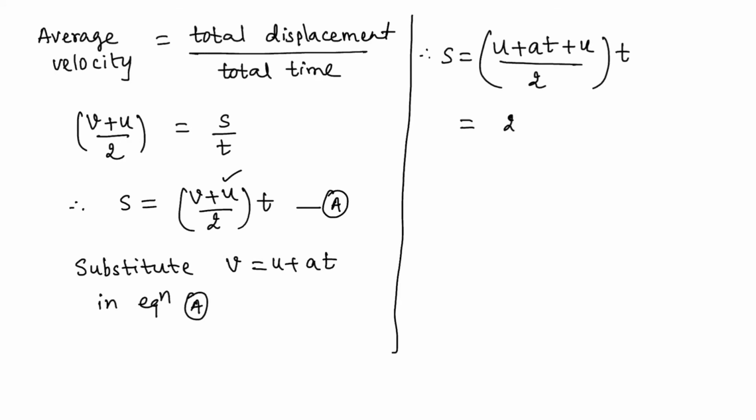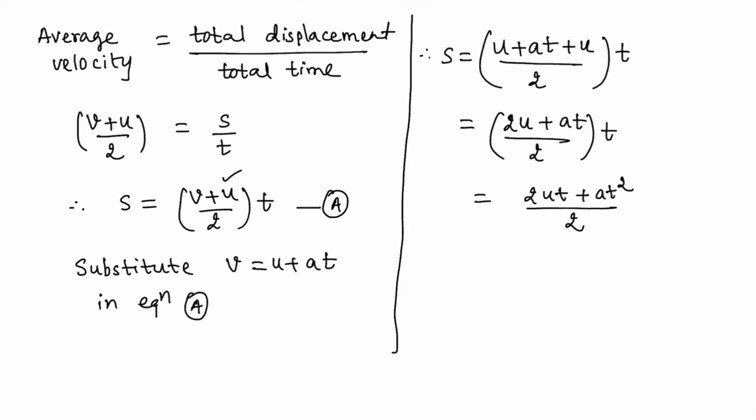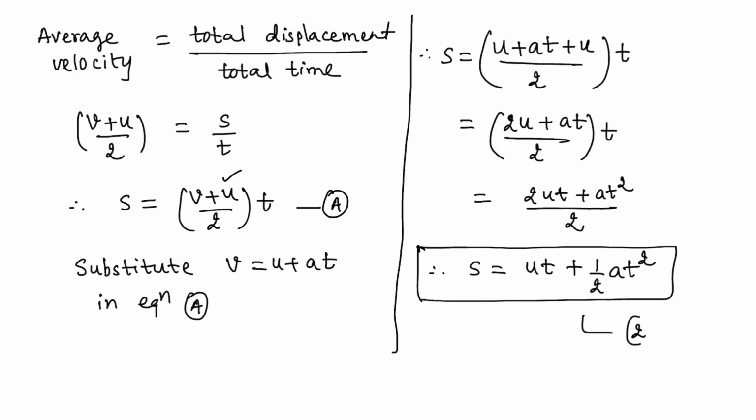So u plus u, 2u plus at upon 2 into t. Multiplying time with 2u and at, we get 2ut plus at square divided by 2, and on simplifying this we get s is equal to ut plus half at square. This is our equation number 2.